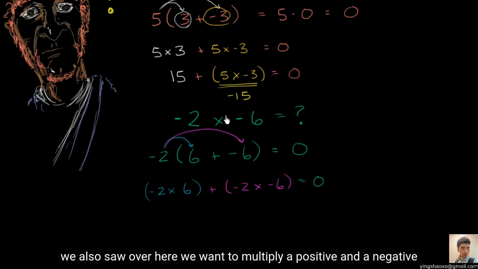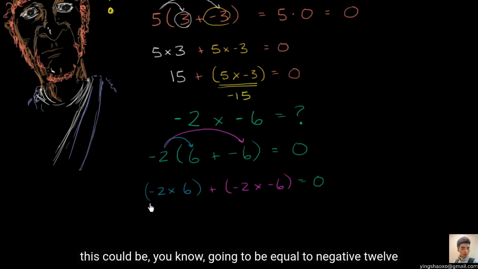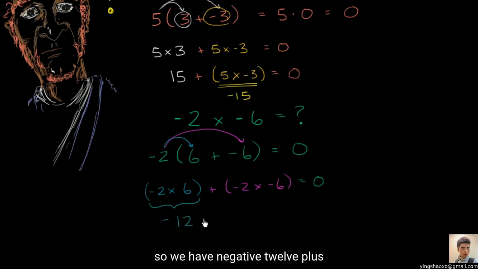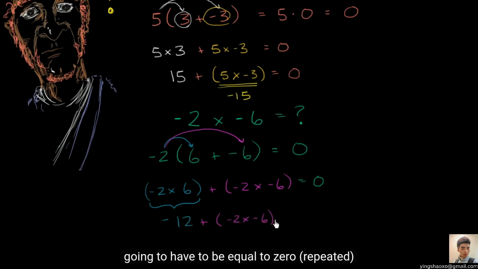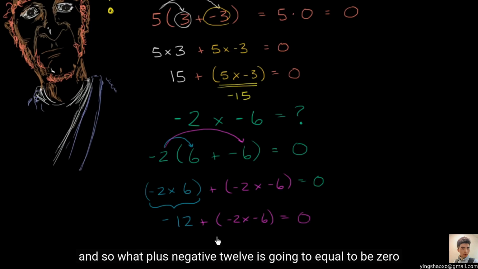And we also saw it over here, that when we multiplied a positive times a negative, we got the negative. So we know that this is going to be equal to negative 12. And so negative 12 plus whatever this business is going to have to be equal to 0, in order to be consistent with all of the other mathematics that we know. And so what plus negative 12 is going to be equal to 0?